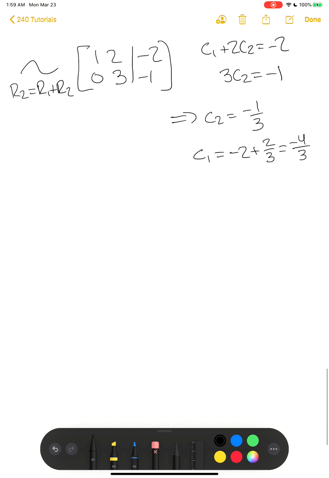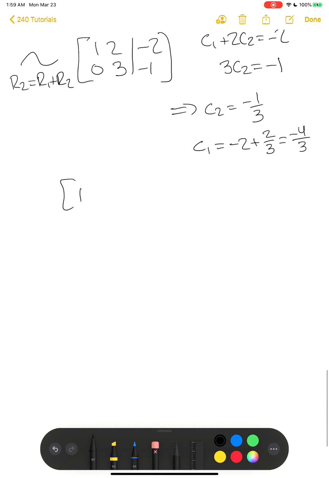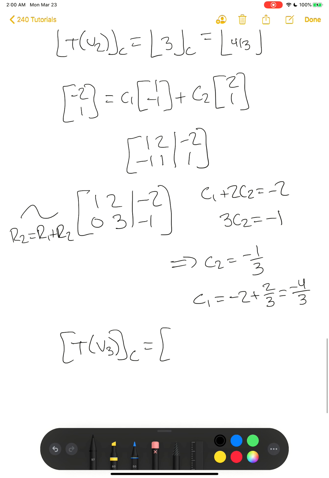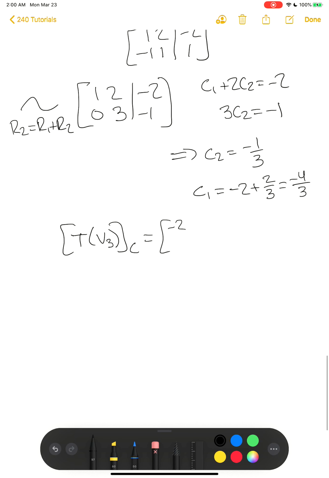Yep, cool. So that tells me then, finally, that T of V3, written with the basis C, is the same as negative 2, 1 with respect to C, which we just found to be negative 4/3, negative 1/3.